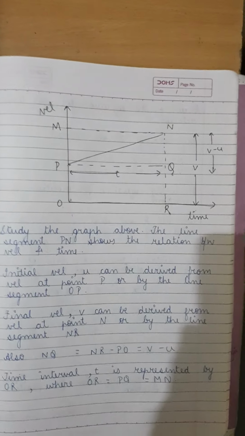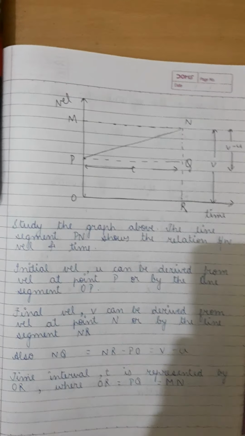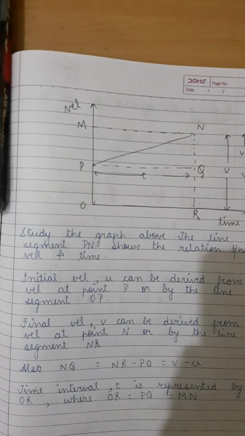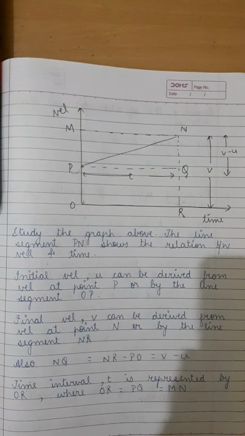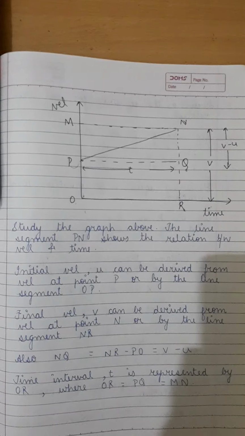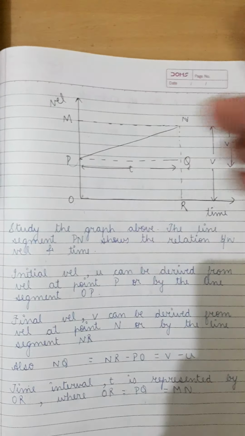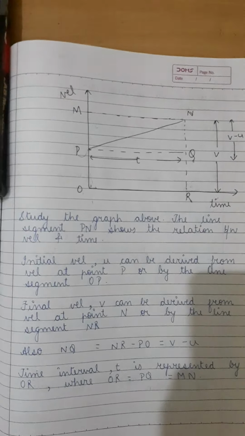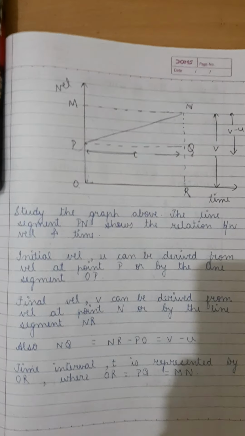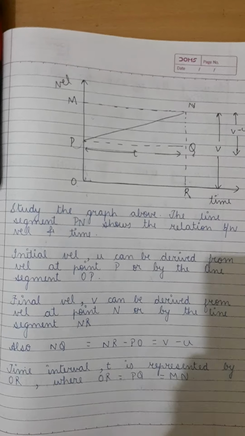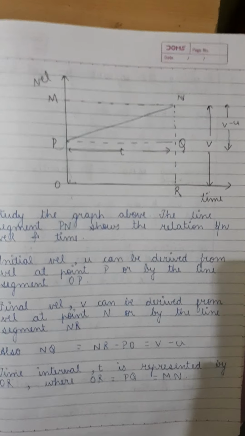Here I have plotted the graph between velocity and time of an object, and the curve which I got is PN. Let the initial velocity of the object be u, which is given by the line segment OP. And the final velocity of the object is v, which is given by the line segment NR. Now I'll find the value of NQ.